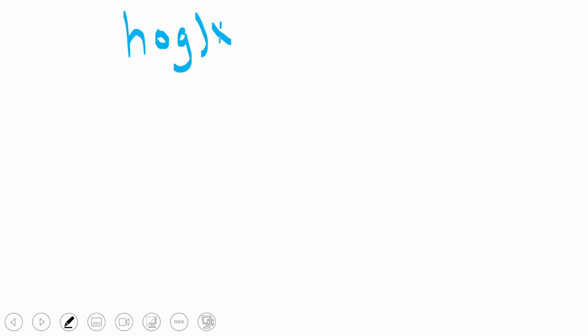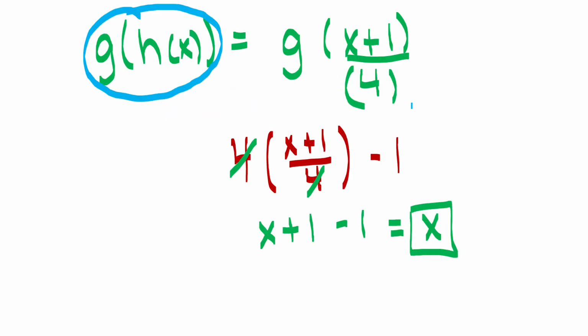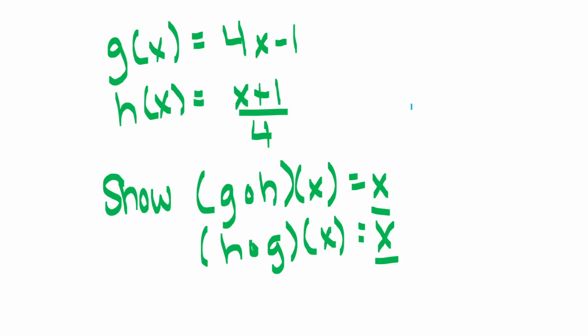Let's test the opposite. We're going to do H composition G of x. This little bitty circle is the composition notation, if I didn't already mention that. So we have H of G of x, and that's going to be H of 4x minus 1. We go up to the original G of x function expression we were given.